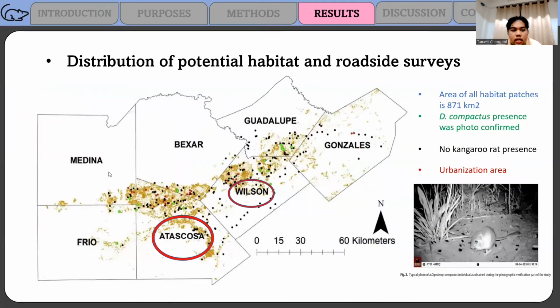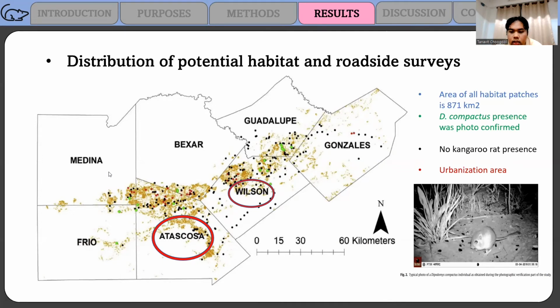Next one is distribution of potential habitats and roadside surveys. In this seminar, our area is about 871 square kilometers, sorry. The green spot refers to where Diplodomys compactus presence was confirmed, and the dark one refers to no kangaroo rat presence.